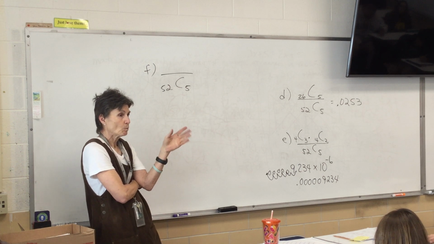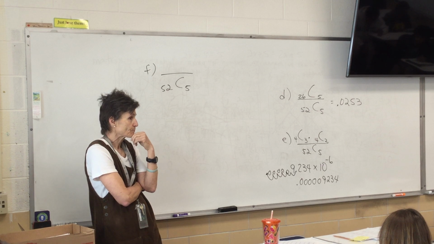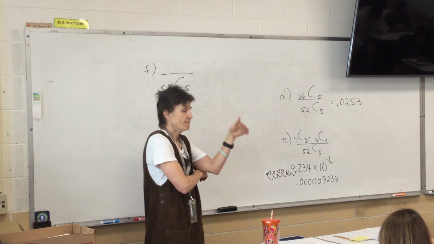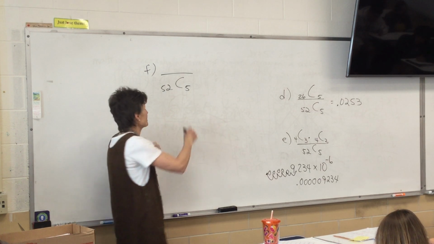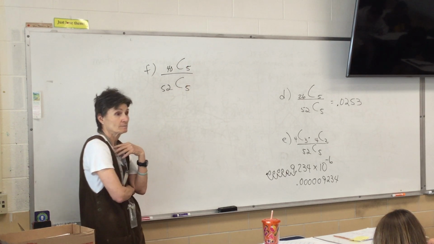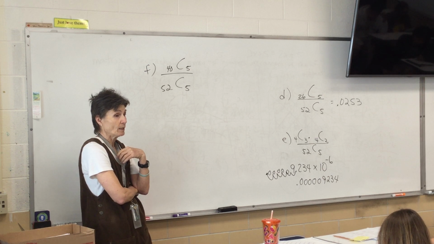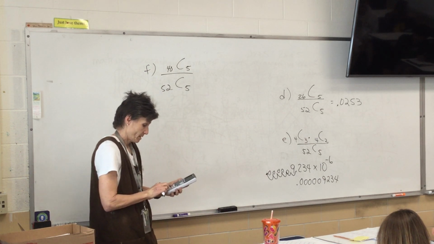Earlier we had a problem with face cards. How many face cards did we say were in the deck? 12. So how many not face cards are in the deck? 40. So isn't our numerator just going to be 40C5? Does that make sense to everybody?